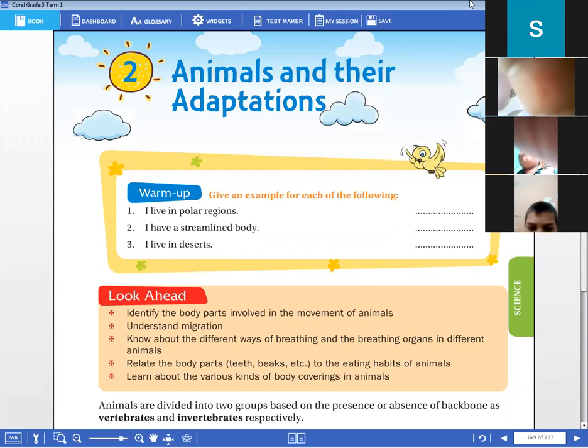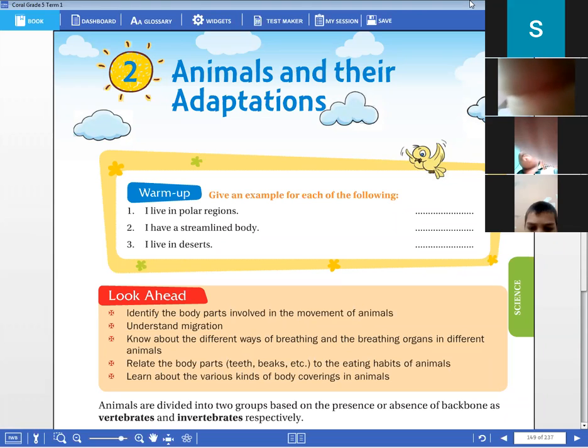Suppose, children, our daily temperature is roughly 35 degrees centigrade. But in the polar regions we can see minus degrees. If our daily temperature falls to 20, it will be very cool for us. We can't tolerate it.